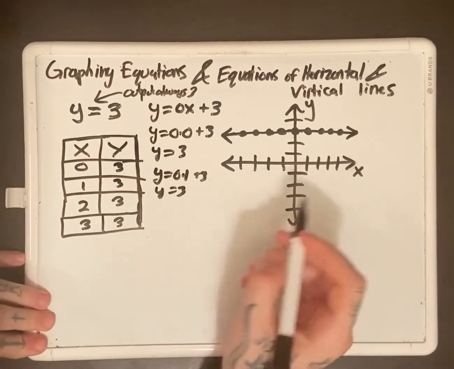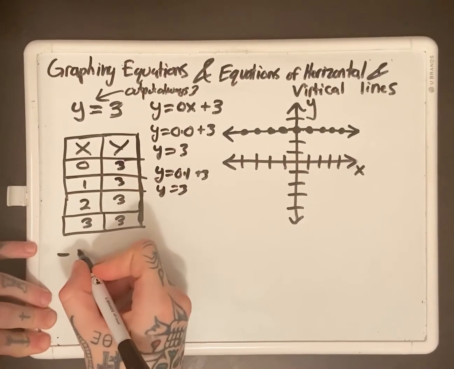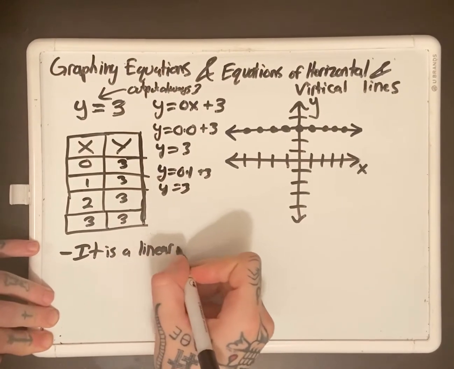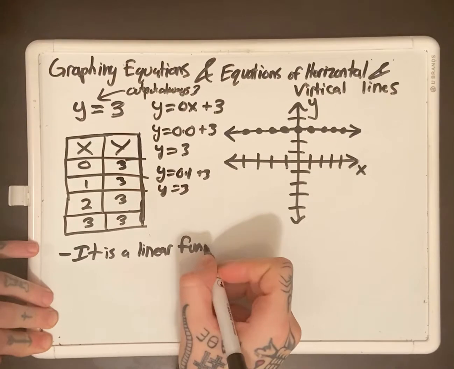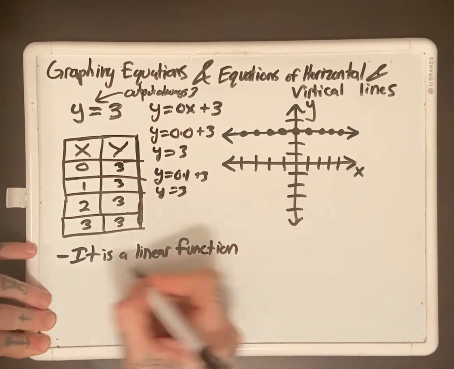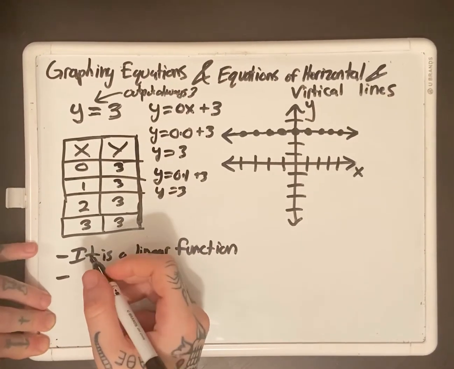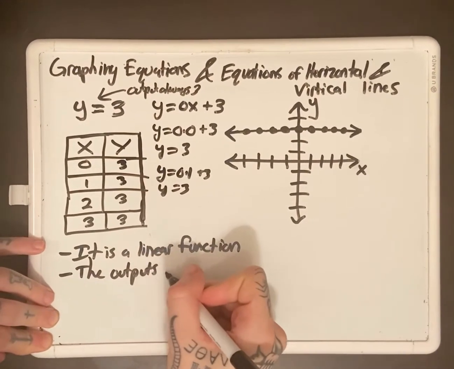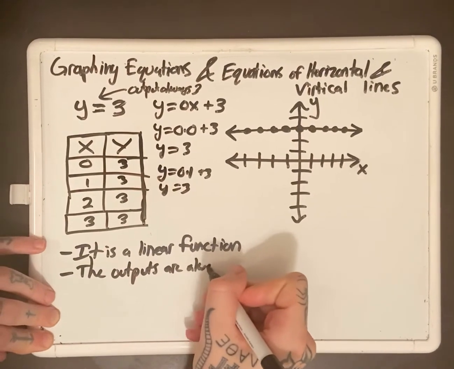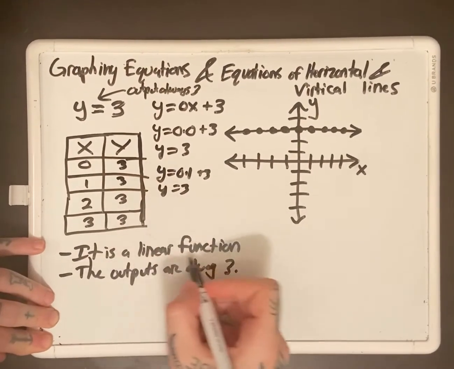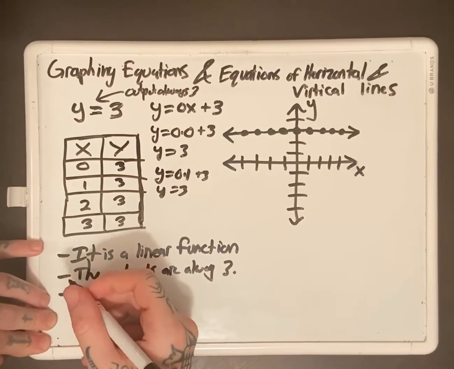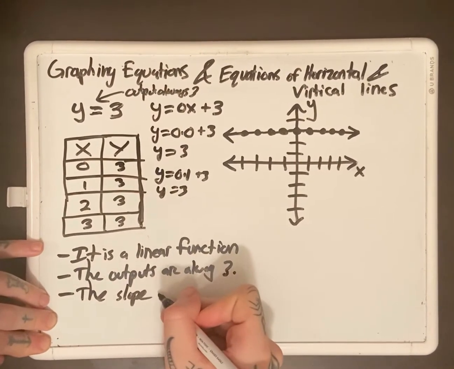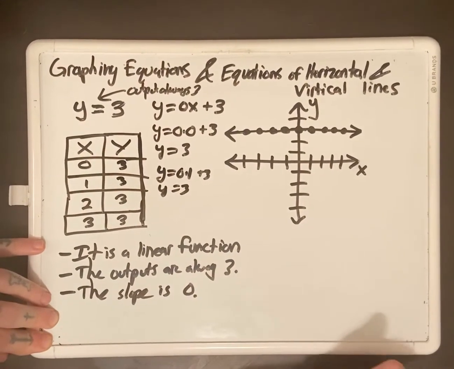The outputs are always 3. It is a linear function. The slope is 0.